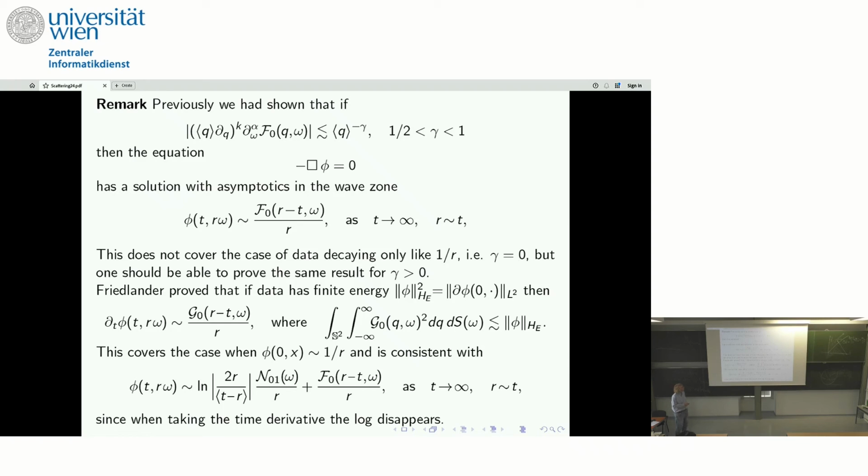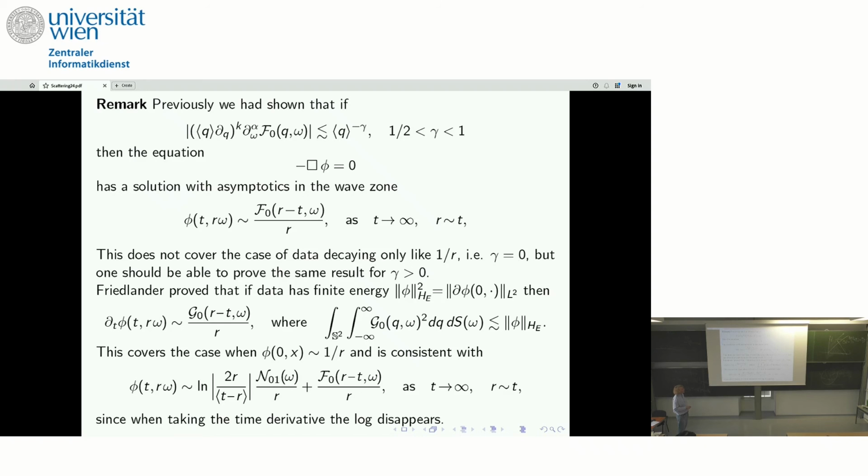Okay, let's see. There's some more points here. Oh yeah, so Friedlander thought that he could generalize his theorem to when you just have H1 data.